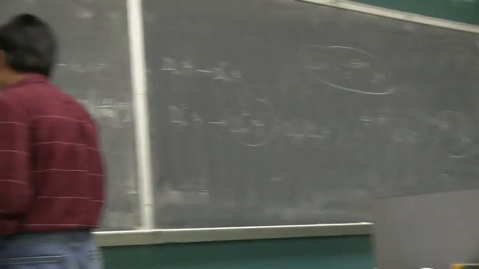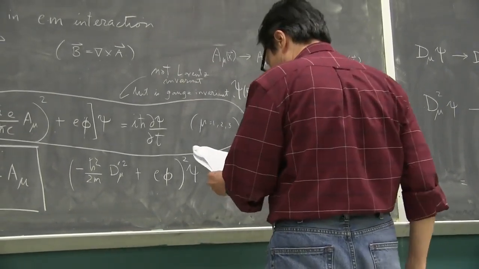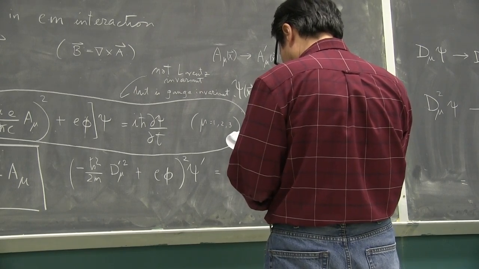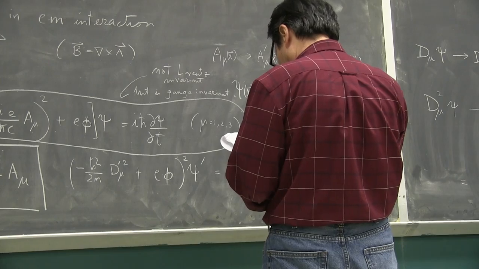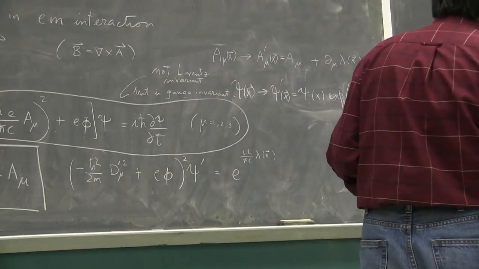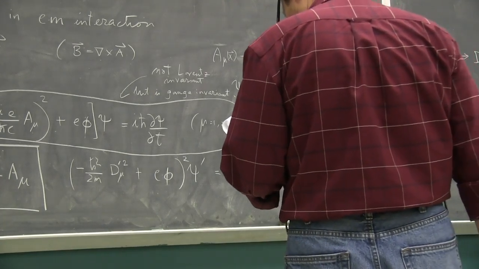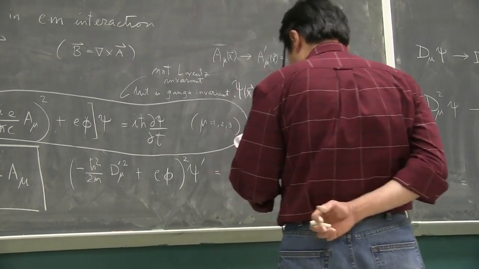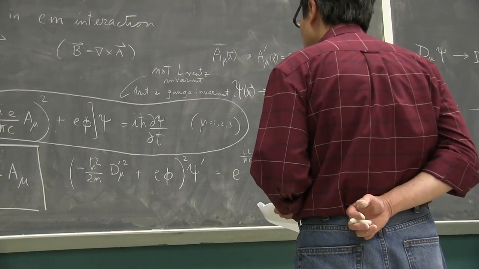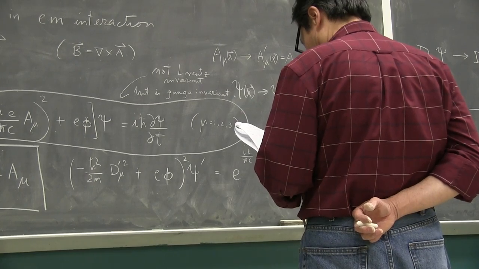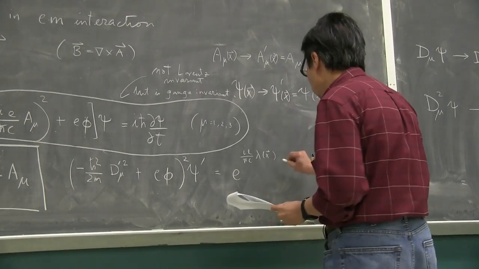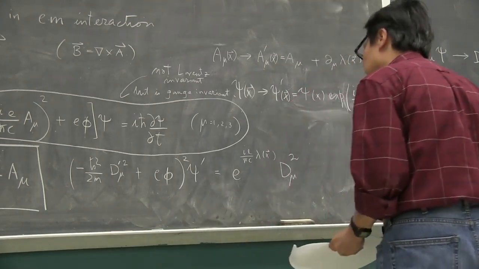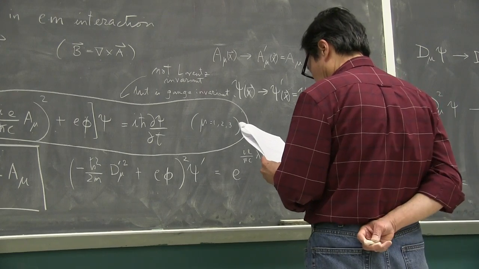Is equal to e to the iE/ħc λ multiplied by the old second derivative, D_μ squared.